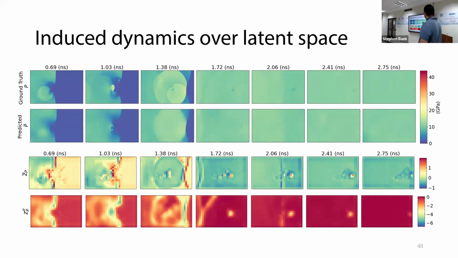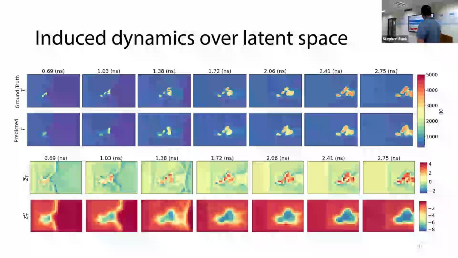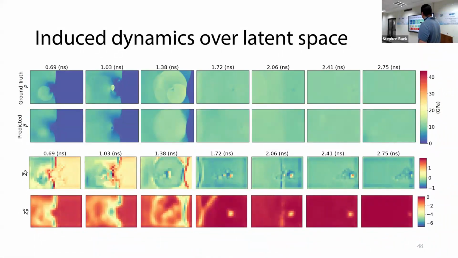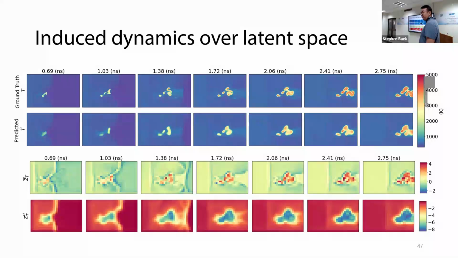One funny thing is that there's a blob, even though in the pressure field after the evolution, it's all kind of constant pressure everywhere. That is because we believe that the dynamics is coupling the role of pressure in the formation of temperature and vice versa.